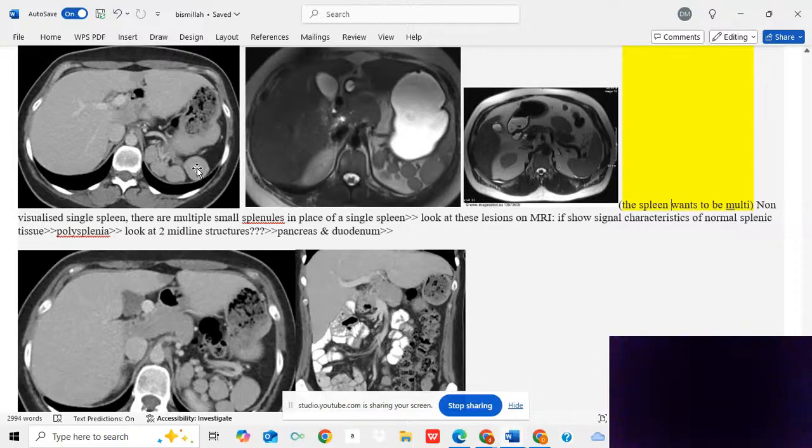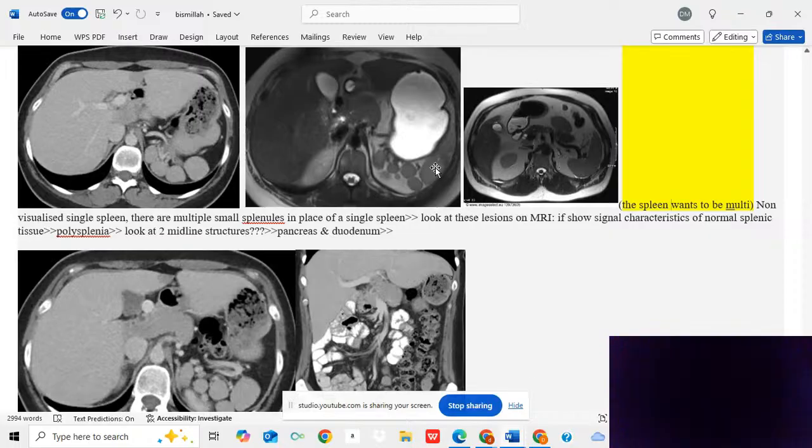You need to check if this splenic tissue is functioning. You need to check for their signal on the MRI T2 weighted image.